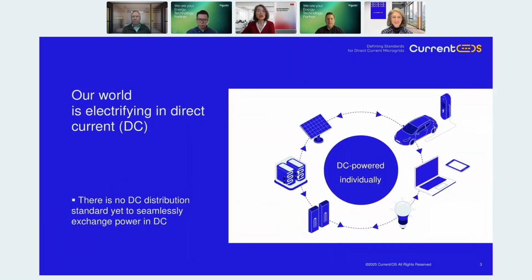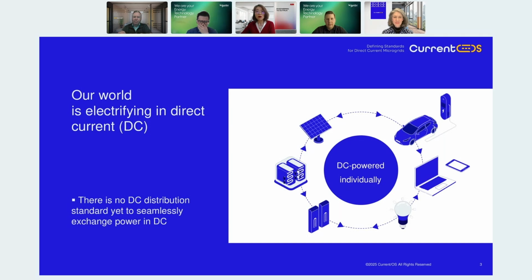Then to get started, I would like to briefly explain why Current OS was created. Our world is electrifying, and we are living through what experts call the largest mass-scale electrification change ever, and our world is shifting in two fundamental ways. First, we are transitioning to renewable energies that generate direct current, by solar panels and by batteries.